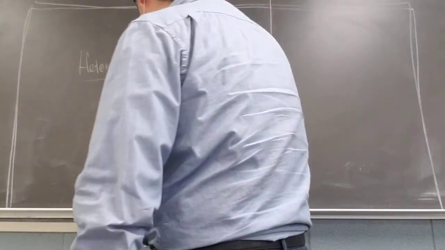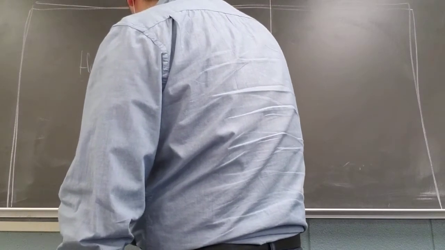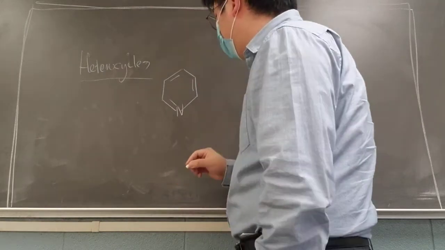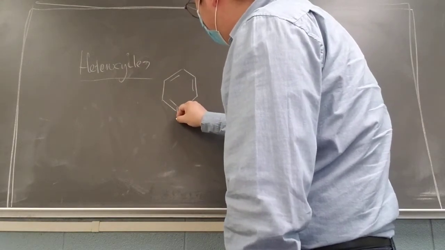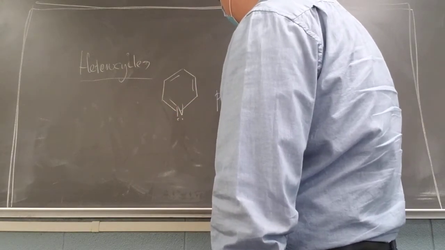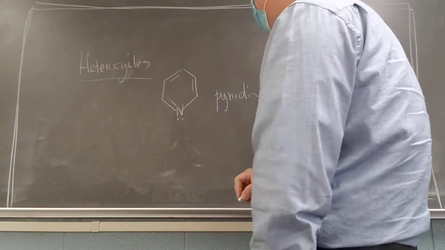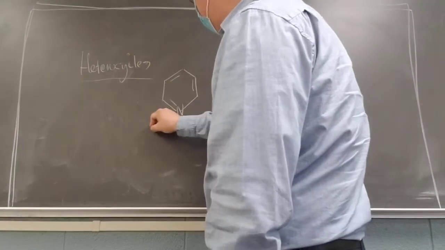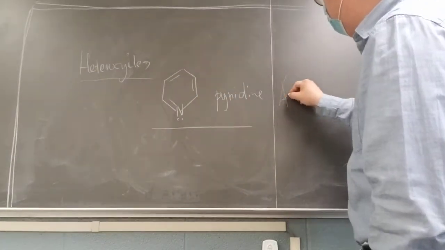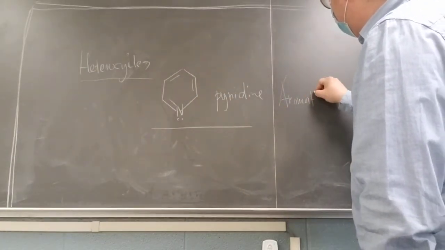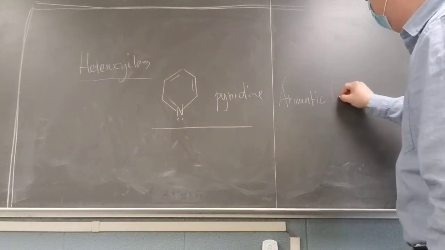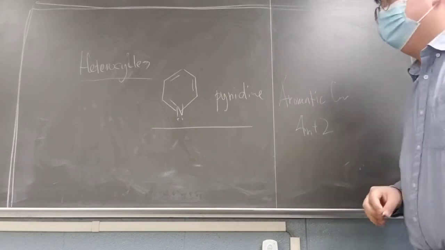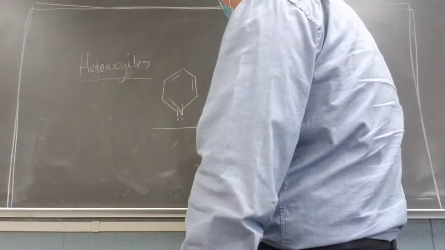If you think about the one we talked about before, okay, we have this compound. The pyridine compound over here can also be aromatic, just following the 4n plus 2 Hückel's rule, developed by a German physicist.